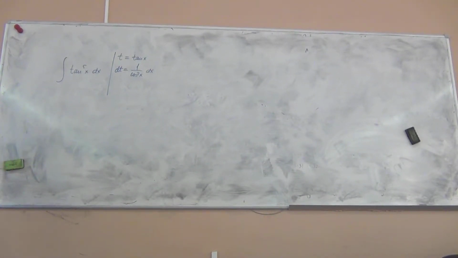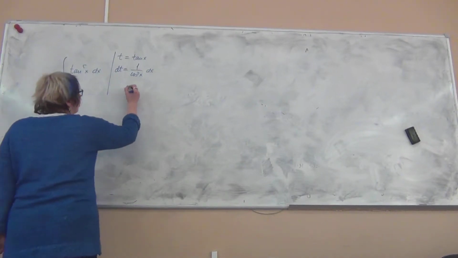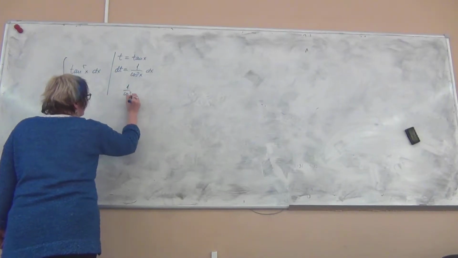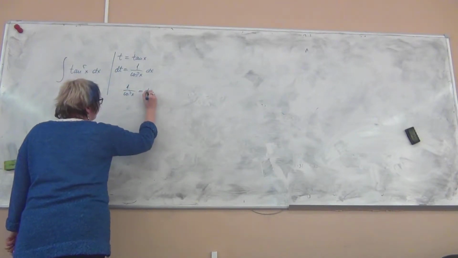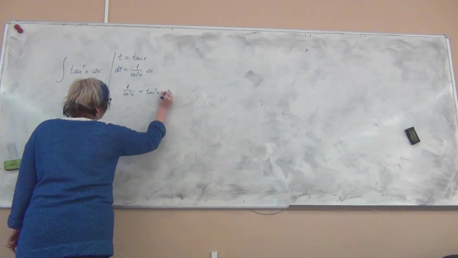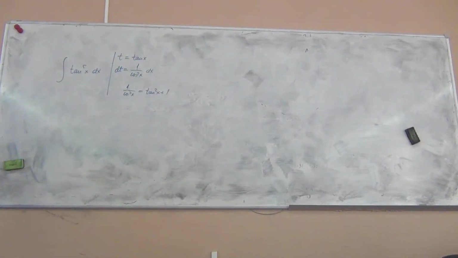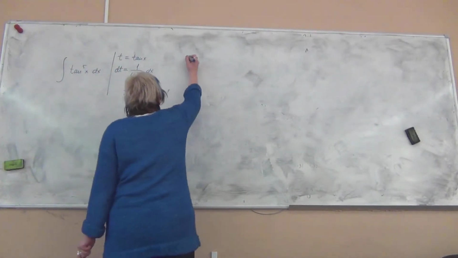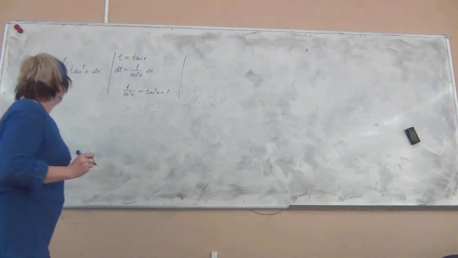By the basic formulas, 1 over cosine squared x equals tangent squared x plus 1. So it's actually t squared plus 1.